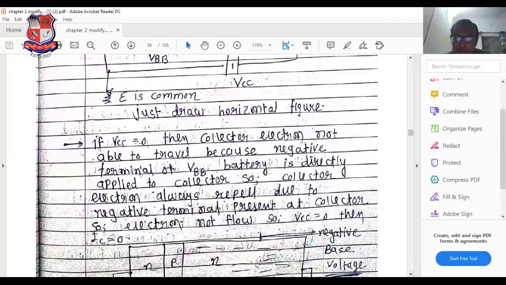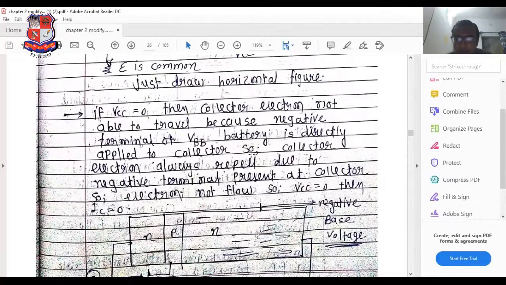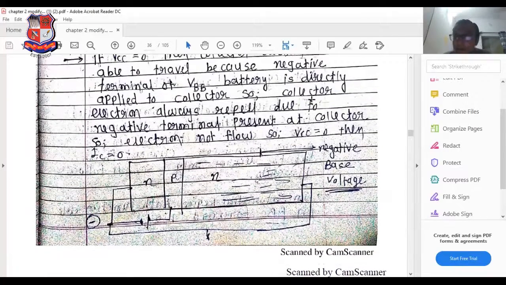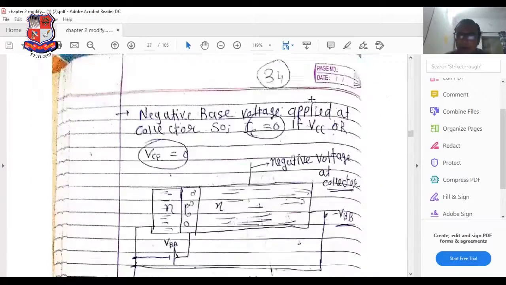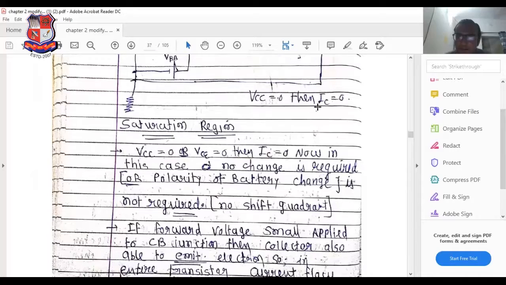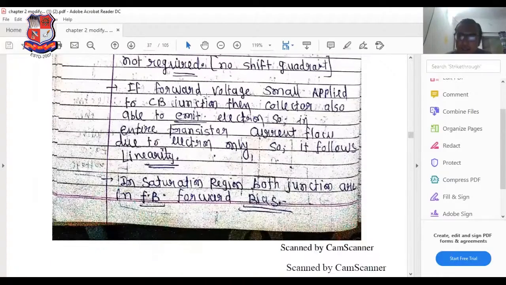If VCC equal to 0, the collector electrons cannot travel, because the negative terminal of the VBB battery is directly applied to the collector. That's why collector current is reduced to 0 due to the concept of repulsion. So if VCC equal to 0, then IC equal to 0, and it is considered as the saturation region.